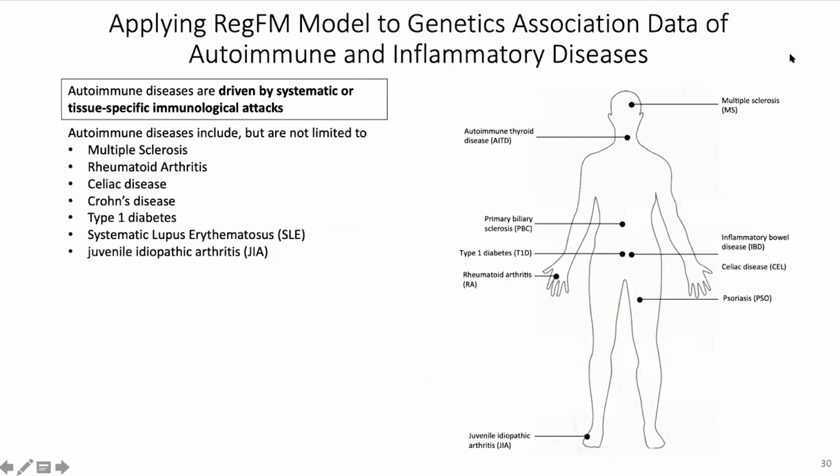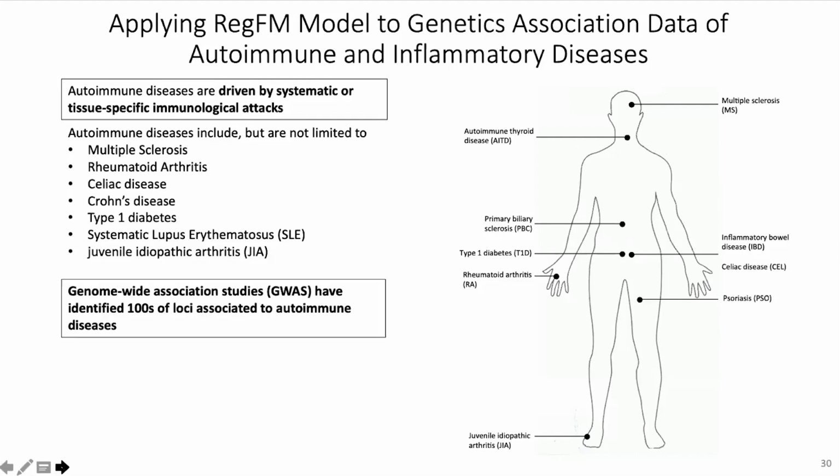We applied RegFM to 9 different autoimmune diseases, and basically autoimmune diseases are a group of more than 80 complex diseases driven by systemic or tissue-specific immunological attacks, and it includes multiple sclerosis, rheumatoid arthritis, celiac disease, among many others.